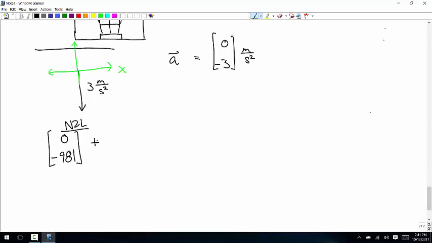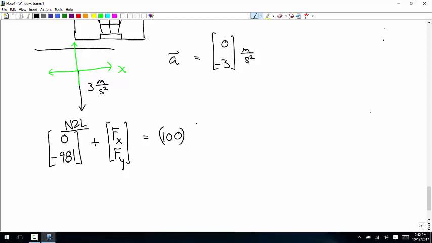And then he still has the force applied by the scale. I'll call that Fx and Fy again. And those add up to be equal to his mass, 100 kilograms, times the acceleration.